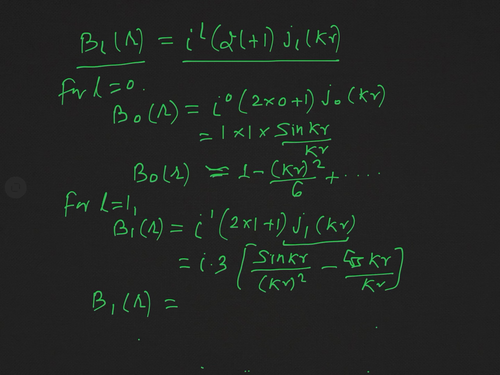After expansion of sin KR and cos KR, you will get 3i into (KR over 3, minus KR over 3 minus) KR square over 3 minus KR over 30 and plus so on.